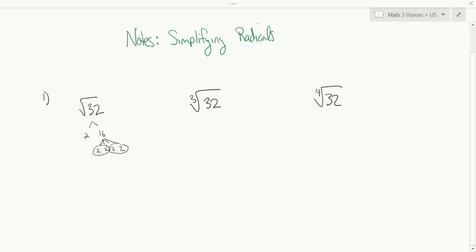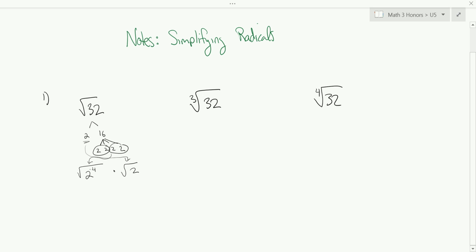So 2 squared and 2 squared as well would make 2 perfect squares, and then we have a 2 left over. So the square root of 32 is the square root of 2 to the 4th power times the square root of 2. The 4th power would be right here, and then the leftover part I'm separating. That's the part we're not going to be able to reduce.